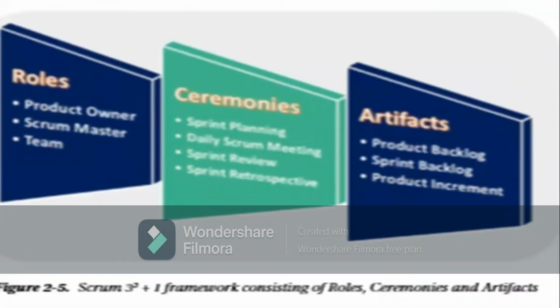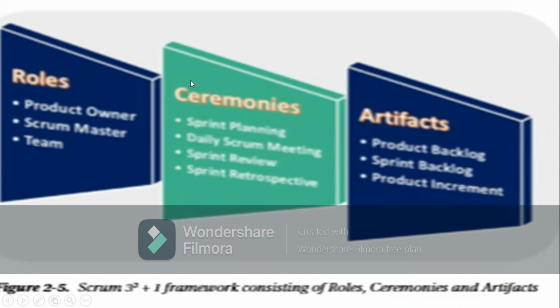Now, when it comes to Scrum Agile, you have to know that Scrum consists of 3 roles, 4 ceremonies, and 3 artifacts. The 3 roles are the Scrum Master, the product owner, and the team.